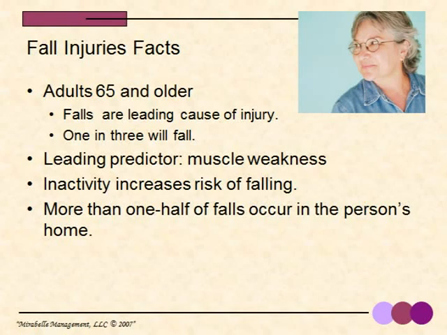Muscle weakness is the leading predictor of risk for falling. Inactivity increases the risk of falling. Exercise that improves your lower body strength and balance reduces the risk of falls and fall-related injuries, and that's according to the CDC. And over half of the falls take place right in the person's home.